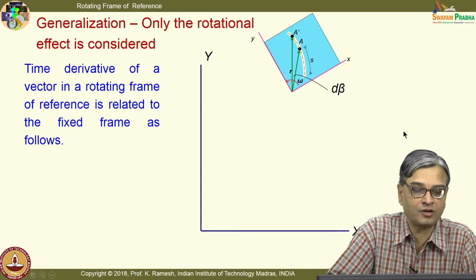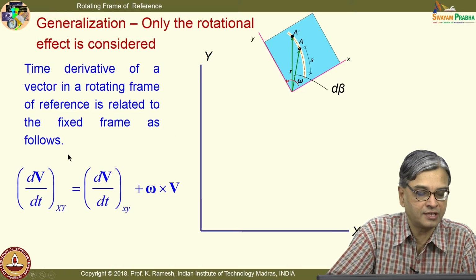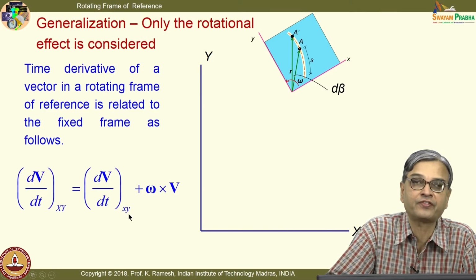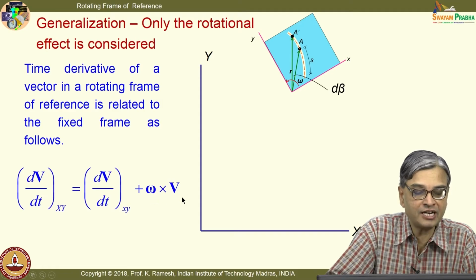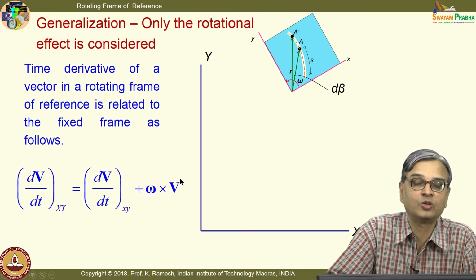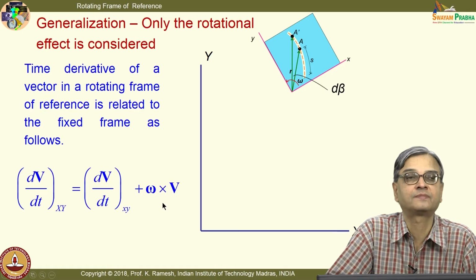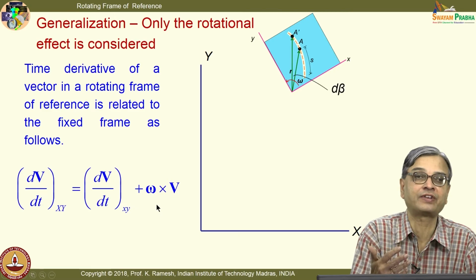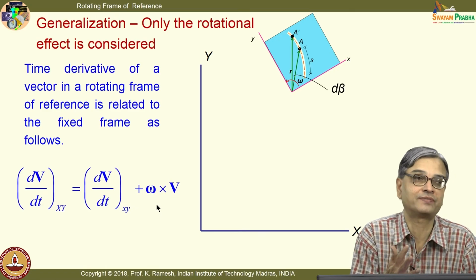And the expression what we finally got was, if I have a generic vector v expressed in the fixed frame of reference, its time derivative is related to time derivative of that vector in the rotating frame of reference plus an additional component which is omega cross v. A rotating observer sitting on the rotating frame of reference fails to observe it.